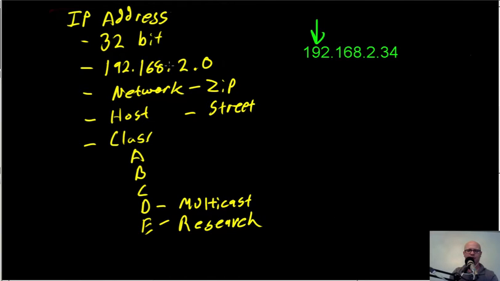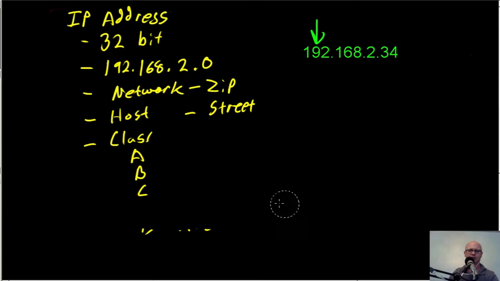So for the purposes of this video, for subnetting, we don't even bother with D and E, right? Only classes A, B, and C are actually assigned to devices.